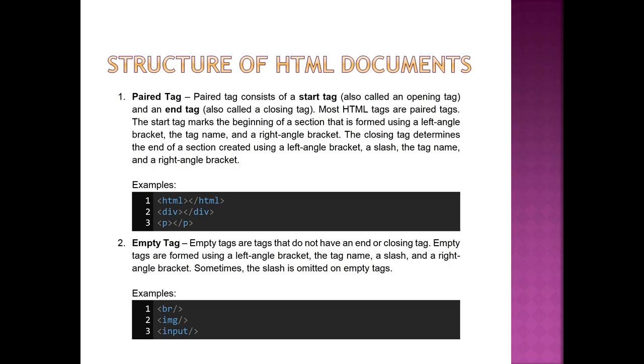We have examples of empty tags, which are the BR, or the break line tag, the image tag or the IMG tag, and the input tag. These are the examples of an empty tag.